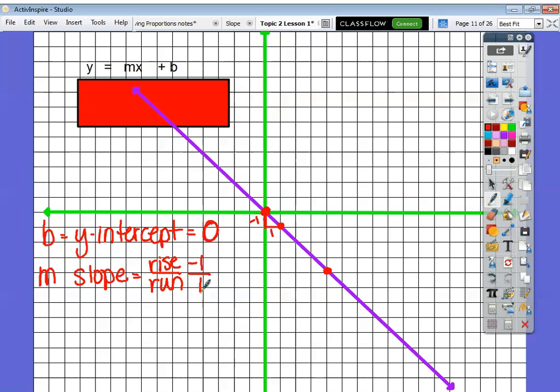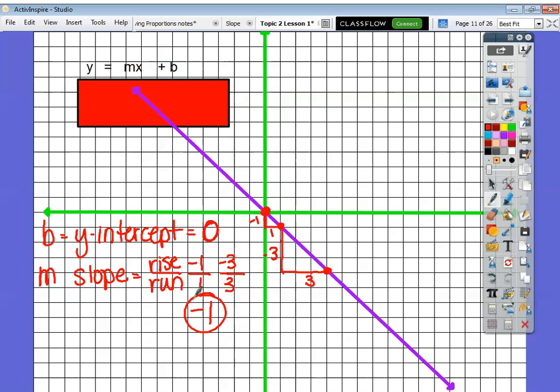Well, let's just do this one too. I go down 1, 2, 3. So that's a -3. Right 1, 2, 3. That's a +3. Both of these, if you were to reduce them down, reduce down to a -1.